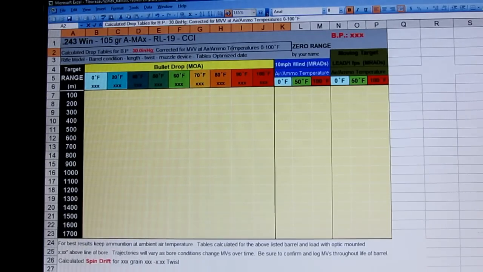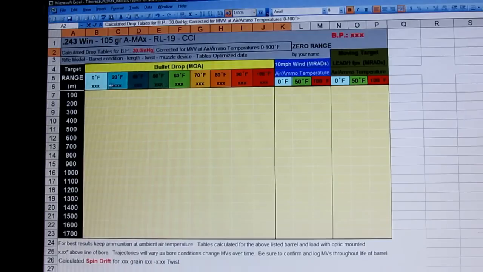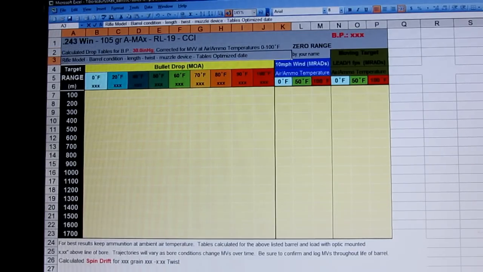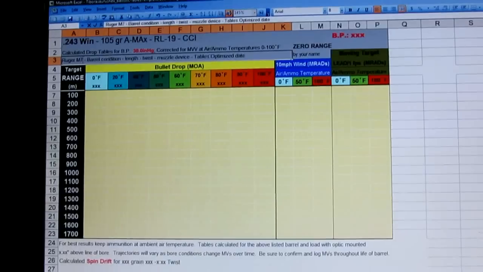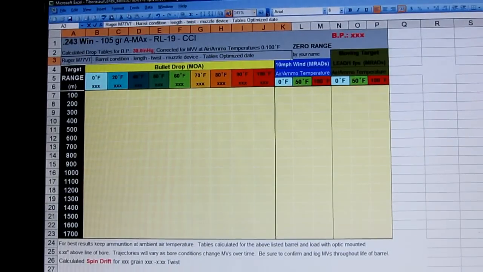And correct the muzzle velocity at air and ammo temperature 0 through 100, so I'm going to keep using 0 through 100 degrees. The rifle model, I'm using a Ruger M77 VT.